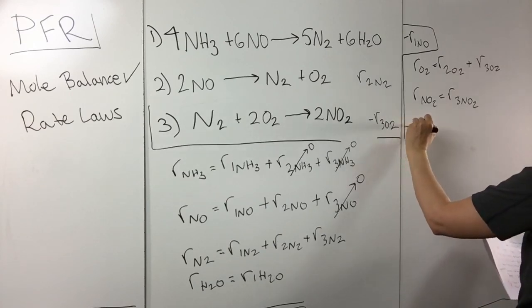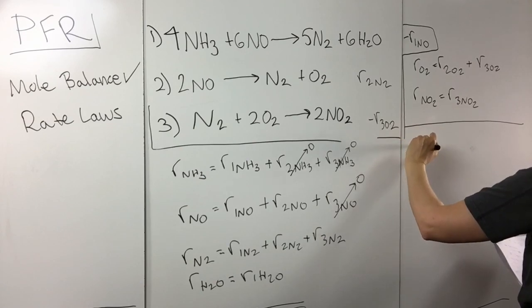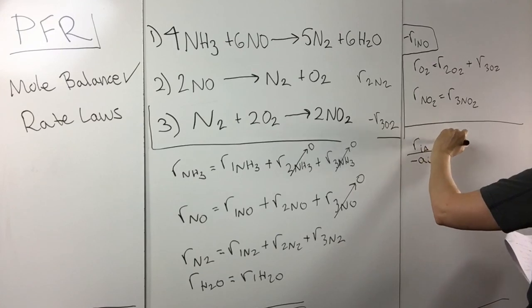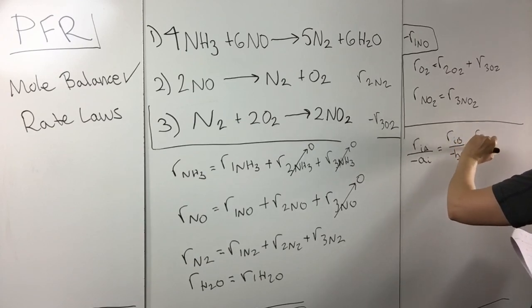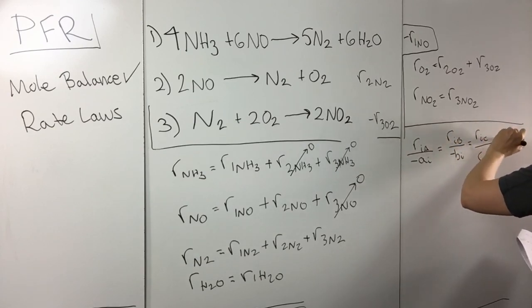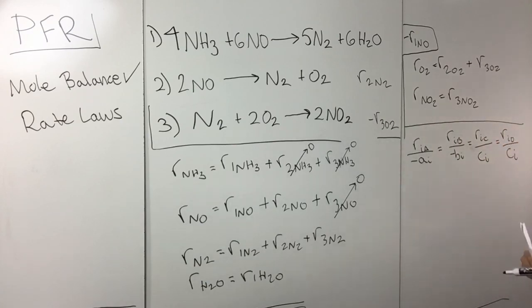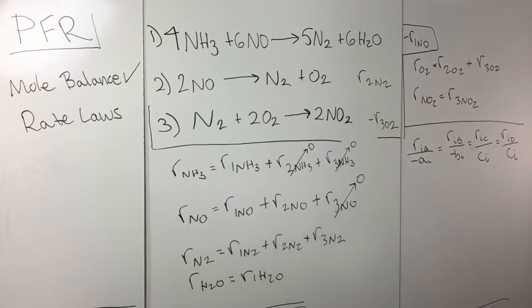The reason is if you remember this formula, RiA over minus ai is equal to RiB over minus bi is equal to RiC over ci is equal to RiD over di. I'm pretty sure this was in chapter 3, but this is just stoichiometry, so that should be pretty clear.